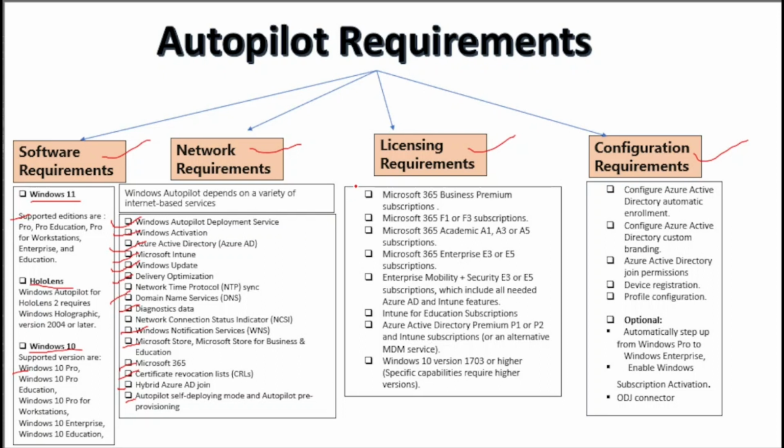And then the third requirement is related to licensing. When we are performing Autopilot, we should have a supported license, and these Autopilot services are included in the following licensing schemes, which include Microsoft 365 Business Premium subscription, Microsoft 365 F1 or F3 subscription, Microsoft 365 Academic A1, A3 or A5 subscription, Microsoft 365 Enterprise E3, E5 subscription, Enterprise Mobility + Security E3 or E5 subscription, which includes all needed Azure AD and Intune features, Intune for Education subscription, Azure Active Directory P1 or P2 subscription, and Intune subscription as an alternative MDM service, and Windows 10 1709 or higher.